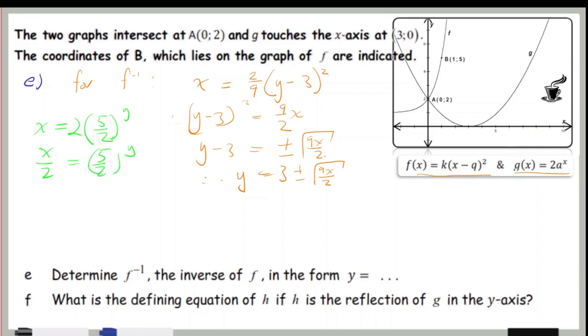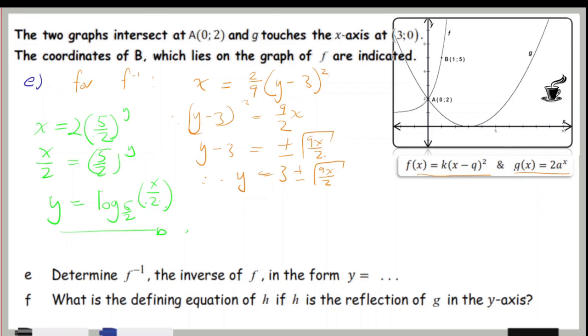And then we need log. So therefore y is equal to log, and then we'll have a base of 5 over 2. Let me just fix that. And I'll have y being equal to log with a base of 5 over 2, and that's applied to the number x over 2. And that's good enough.